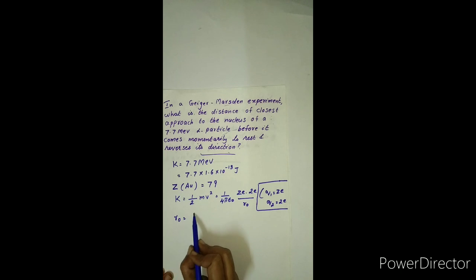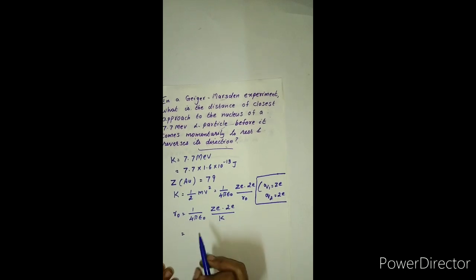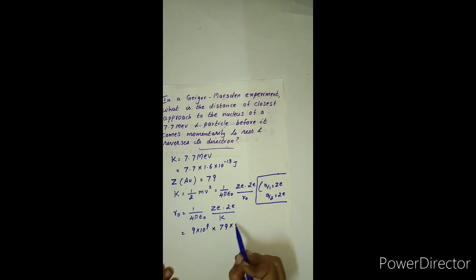So R0 equal to 1 by 4 pi epsilon 0 Ze 2e divided by kinetic energy K. Then we can substitute the values. 1 by 4 pi epsilon 0, that is 9 into 10 raised to 9, into Z equal to 79, into e square, that is 1.6 into 10 raised to minus 19 the whole square, into 2, divided by kinetic energy.